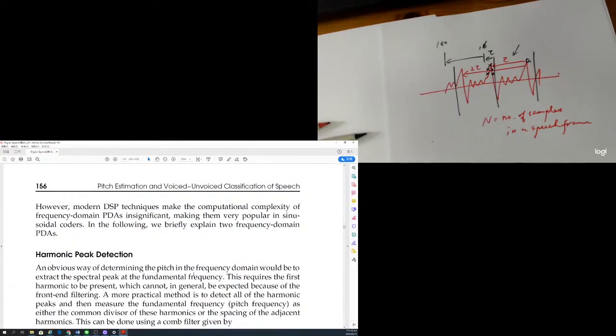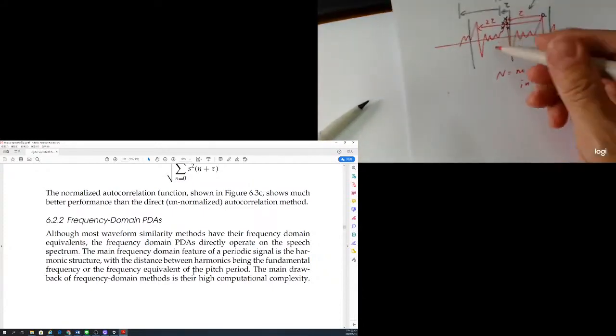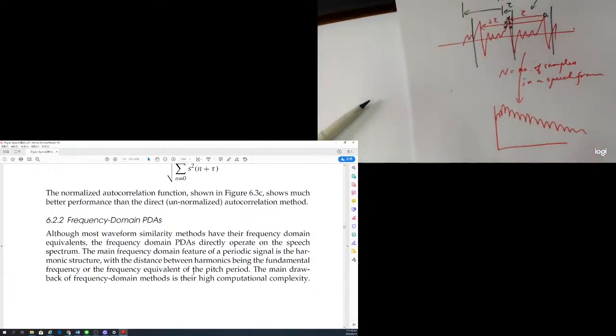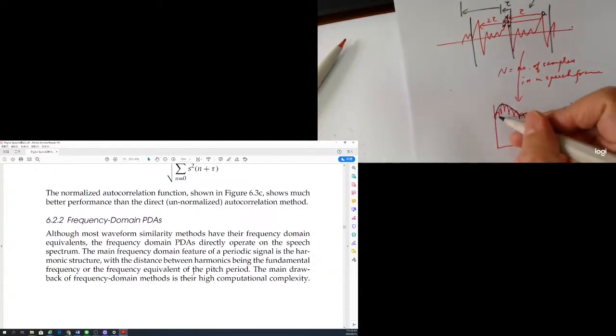Okay, the first one we talked about is the time domain. In the frequency domain, we can also find the pitch, because for each speech frame in the frequency domain, you can see the harmonics. The envelope shape is related to LPC, and we have many harmonics.